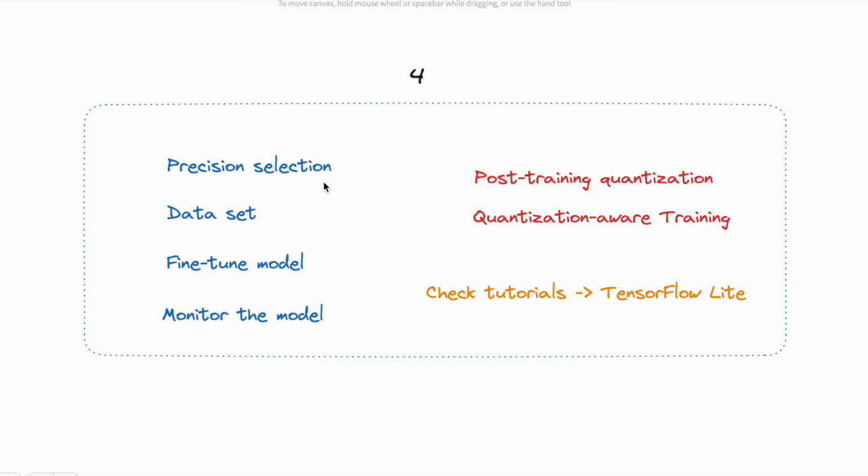And naturally, quantization will decrease the accuracy of the model. Therefore, after quantization, fine-tuning the model will be helpful to increase the accuracy and the performance of the model. And lastly, you should monitor the model and its performance measures like accuracy. Of course, there are more best practices, but these are just the fundamental ones.